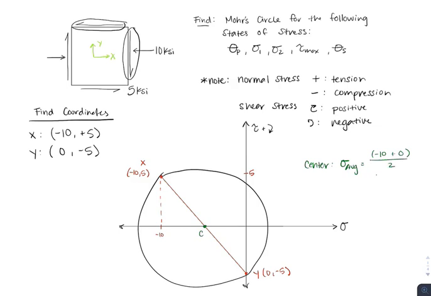That gives us a center equal to negative 5. On our Mohr circle, I'm going to label that center at point negative 5.